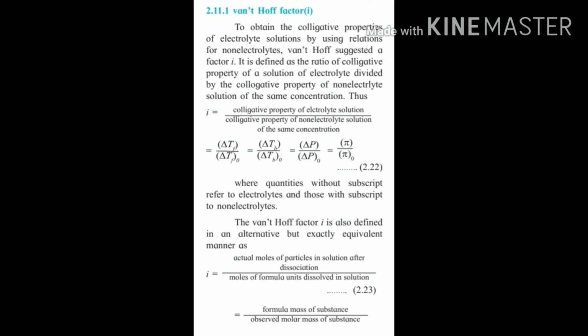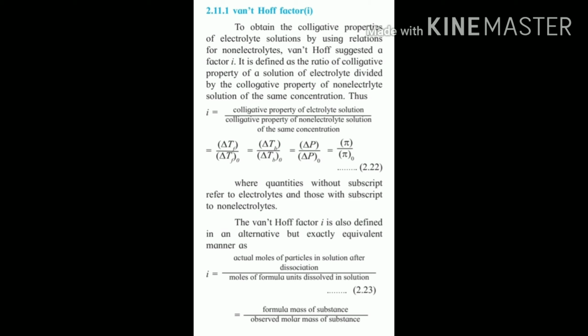Colligative property of electrolyte solution divided by colligative property of non-electrolyte solution of the same concentration. So for example, you can take 0.1 molar NaCl, which is an electrolyte, and 0.1 molar sucrose solution, which is a non-electrolyte. So one is the electrolyte, one is the non-electrolyte, and you are taking the same concentration, that is 0.1.